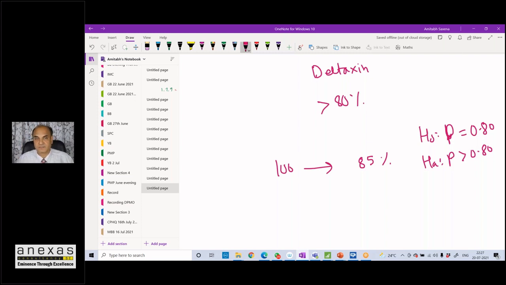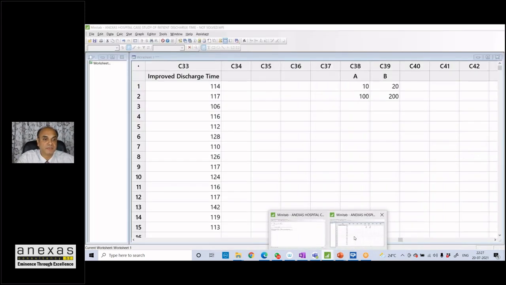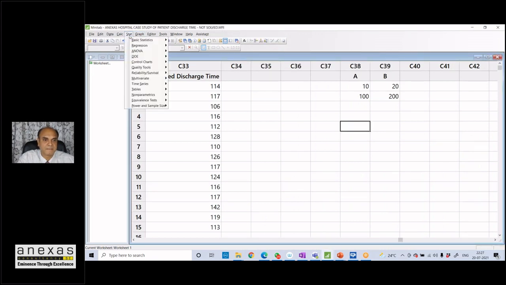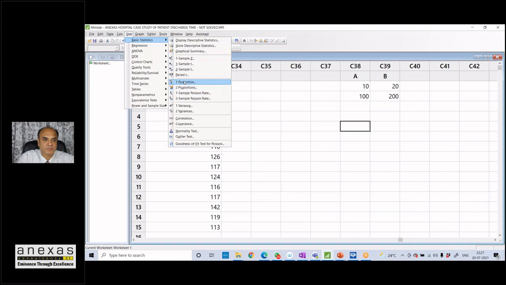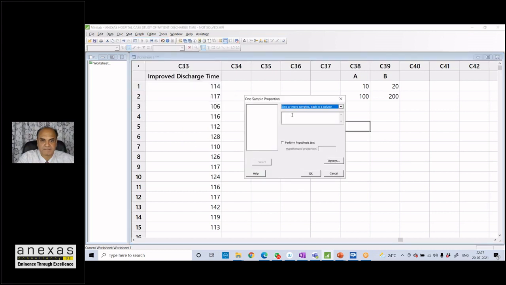Even 80 is not enough, it should be clearly above 80%. So here I go for my 1P test, a one proportion test.